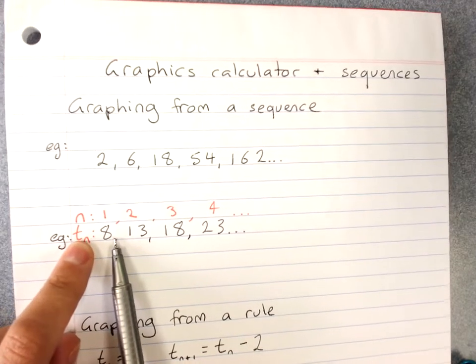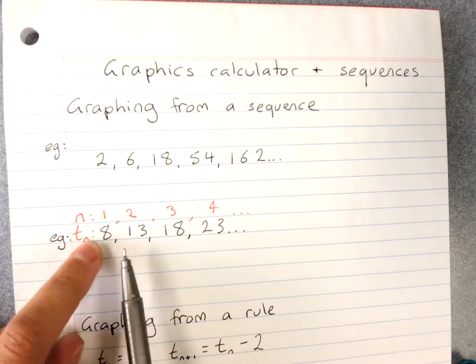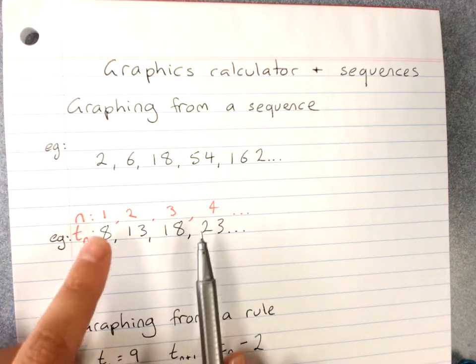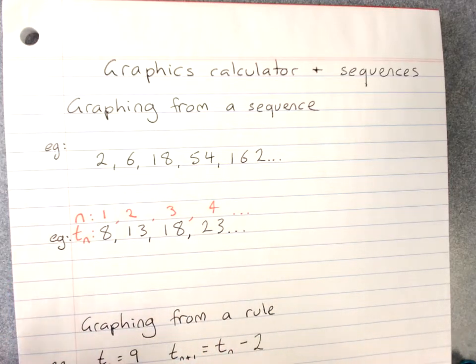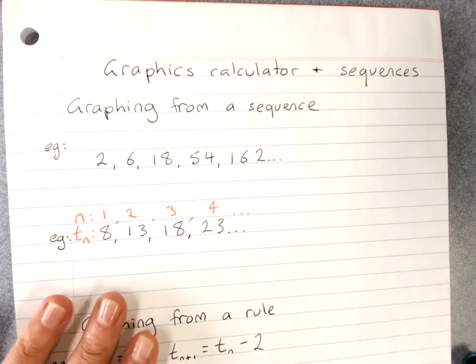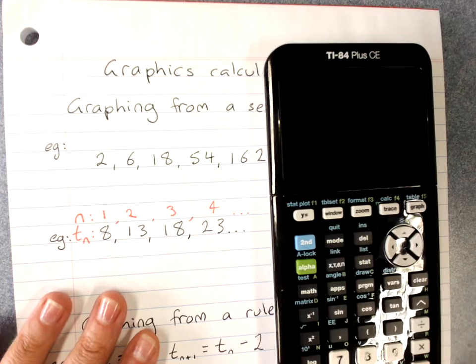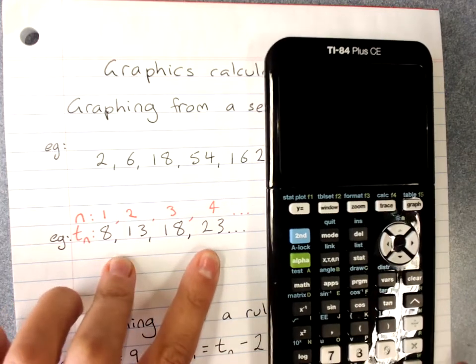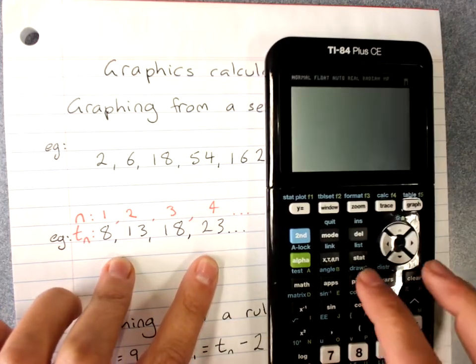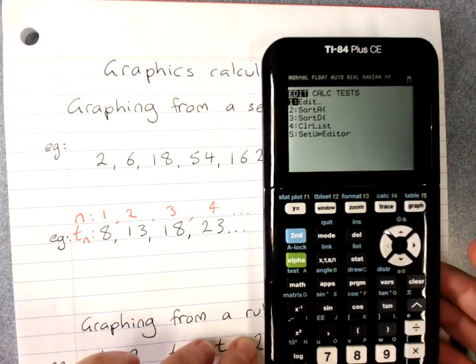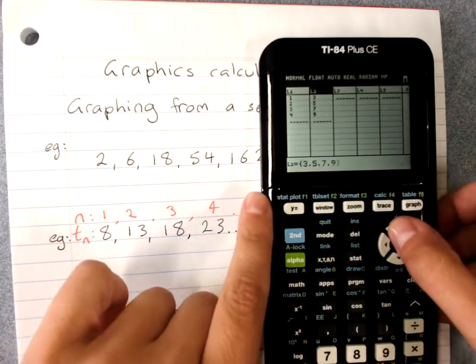And in fact, any number pattern that comes from a rule pretty much is a table of values for a graph. So the way that you graph a number sequence, when you've got the first few numbers, is you put them into L1 and L2.